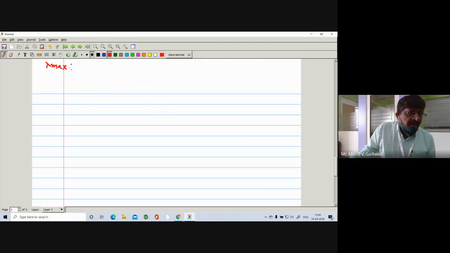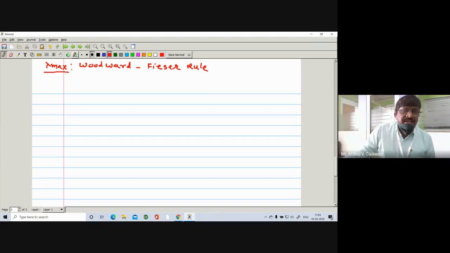To calculate the lambda max of an organic compound, you should know these rules. So let us see the Woodward-Fieser rules to calculate the lambda max.